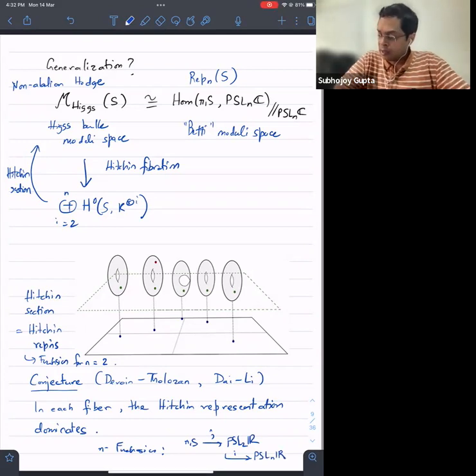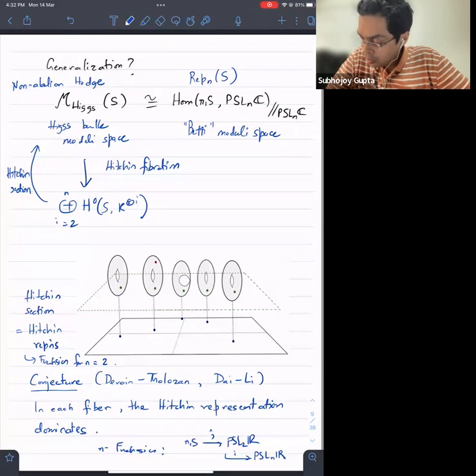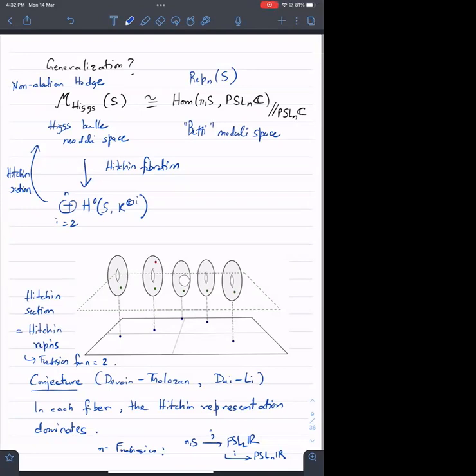And that's called n-Fuchsian. So these give you special things amongst the Hitchin ones. Nice. Thanks.